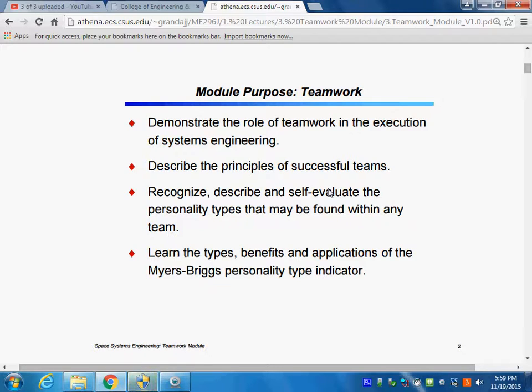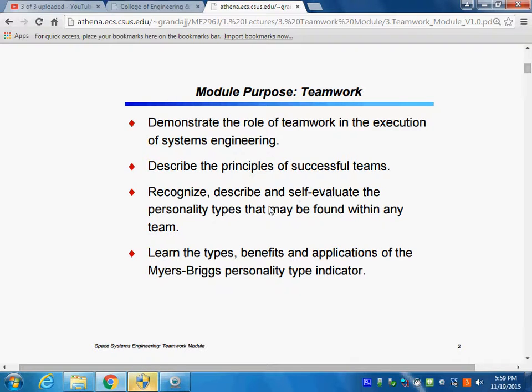Learn the types, benefits, and applications of the Myers personality type indicator. None of you are psychologists, which is good. And this is why we are going to do this.